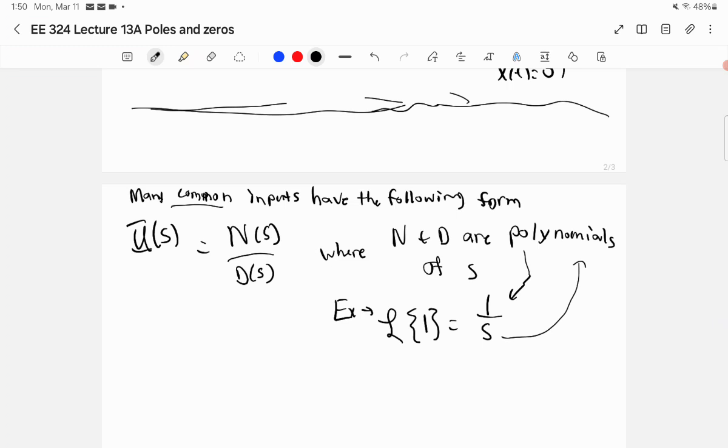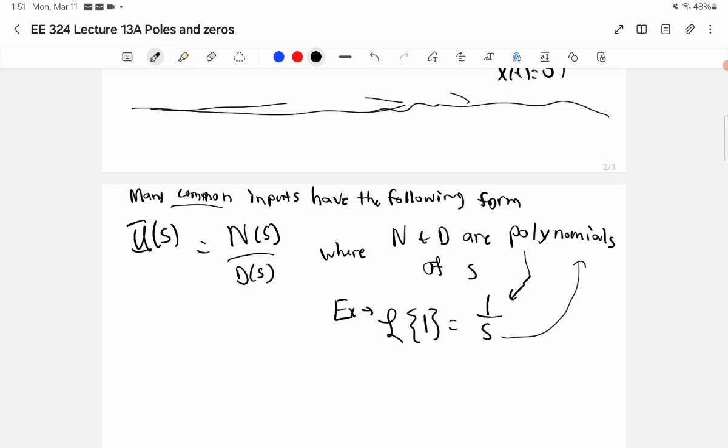The coefficients of the top polynomial are just 1, and the coefficients of the bottom polynomial are 1 and 0, because you could have had an s plus something, and so the coefficients there are 1 and 0. So these are two different polynomials. So many of these can be thought of as a polynomial divided by another polynomial.